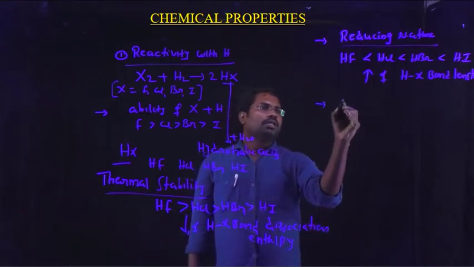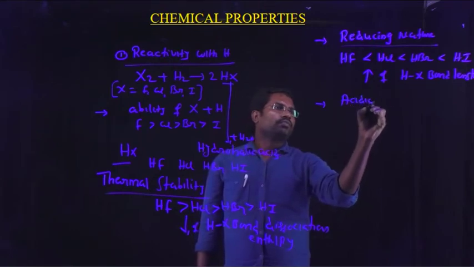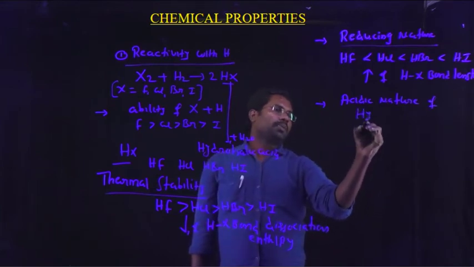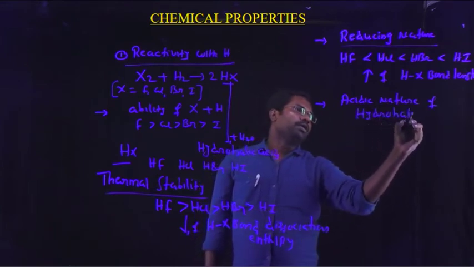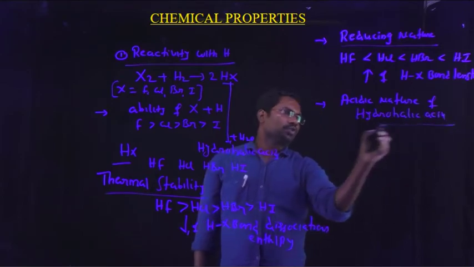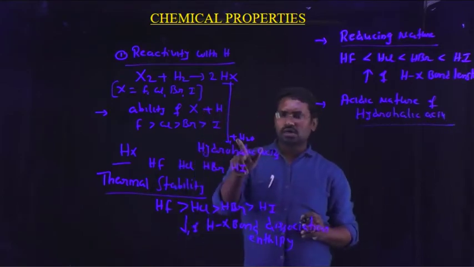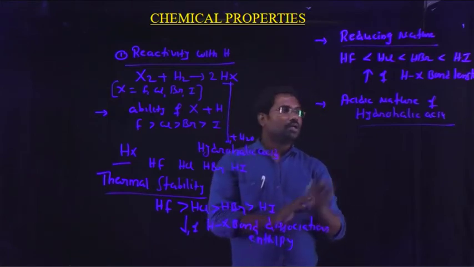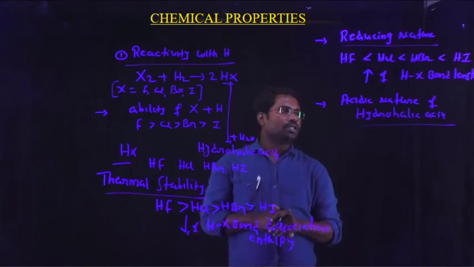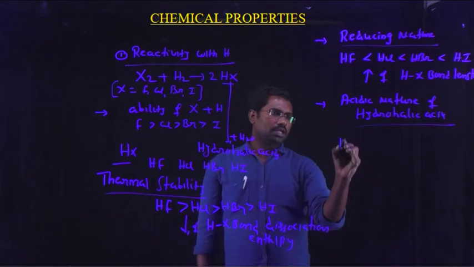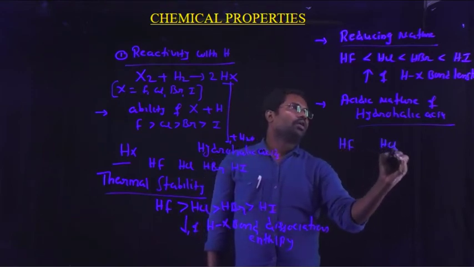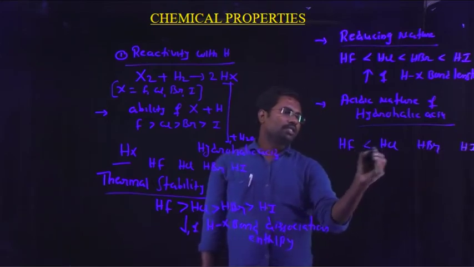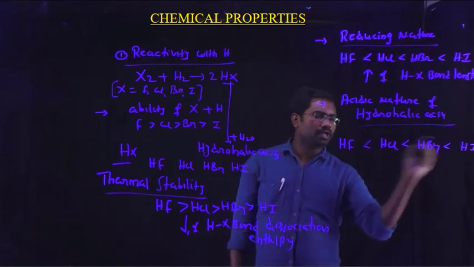And finally, the acidic nature of hydrohalic acids. We know that when hydrogen halides are dissolved in water, they form their respective hydrohalic acids. Their acidic character increases from HF to HI.